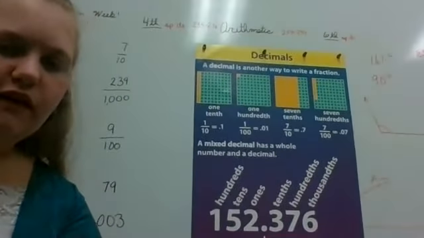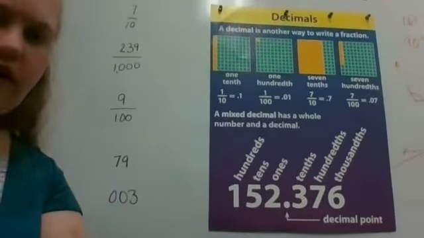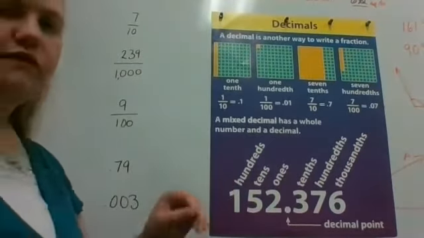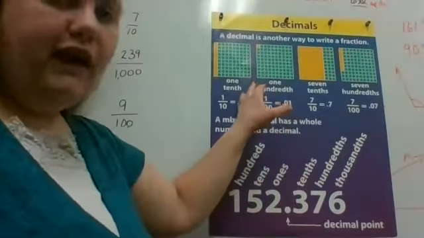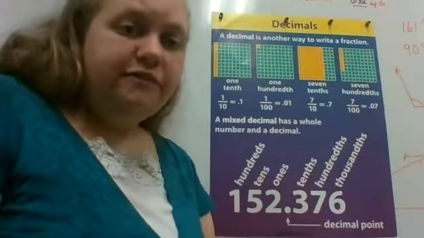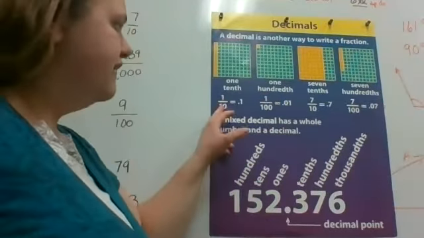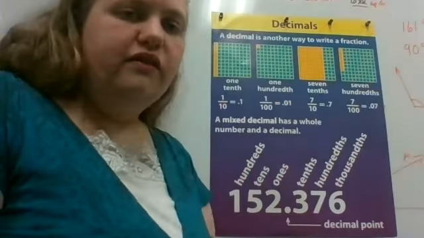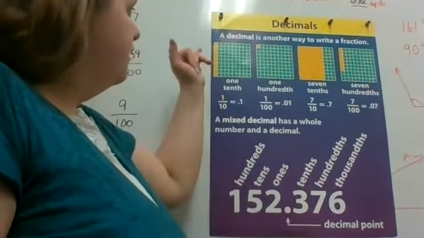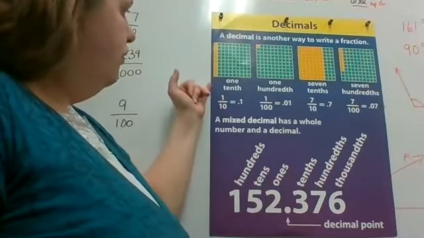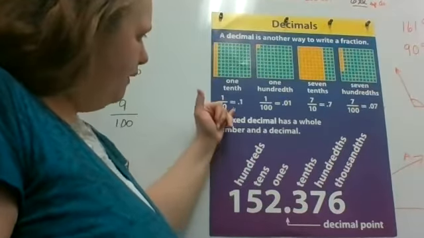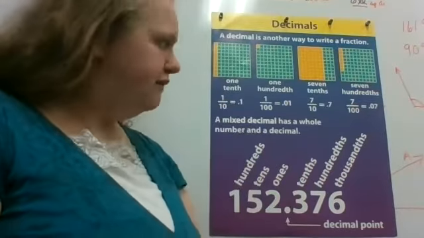If you'll take a look up here to our chart, I'm going to get it closer so you can read the chart. Today is a review, more work with decimals. So we're looking at our decimal chart. Decimal is another way to write a fraction. And so when we see 1/10, we say it as 1/10, and 1/10 is equal to 0.1.